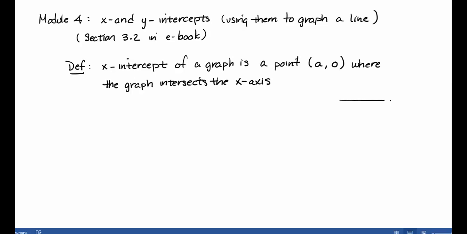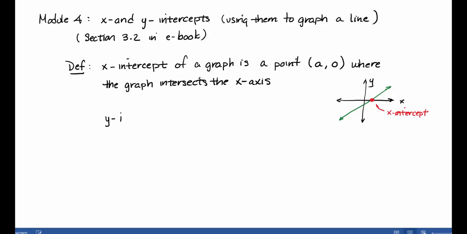So if I have a graph, let's just say here's my x-axis, here's my y-axis. If I have some graph, some line like this, this point here is my x-intercept. Okay, and the way to find out what that point is, I'll explain that to you in a little bit.